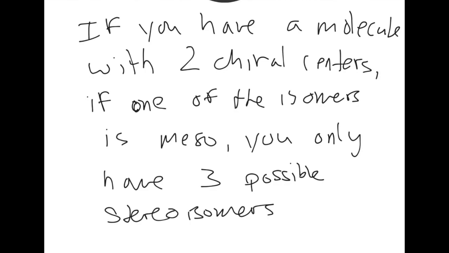And this makes sense because for one of our compounds, we lose an enantiomer. We lose one of the possible stereoisomers because it doesn't have an enantiomer, because it's not chiral.